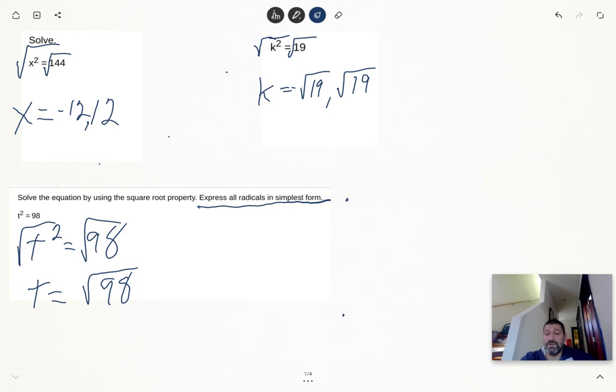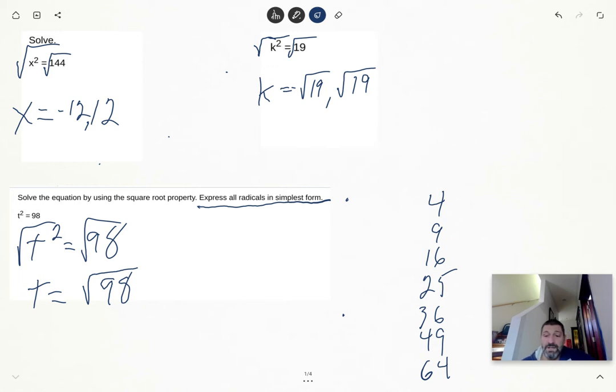So if you recall from last semester, I'm going to write the perfect squares on the side here. So 2 times 2 is 4, 3 times 3 is 9, 4 times 4 is 16, 5 times 5 is 25, and I'm just going to keep going for a little bit. Now do any of those perfect squares go into our 98?